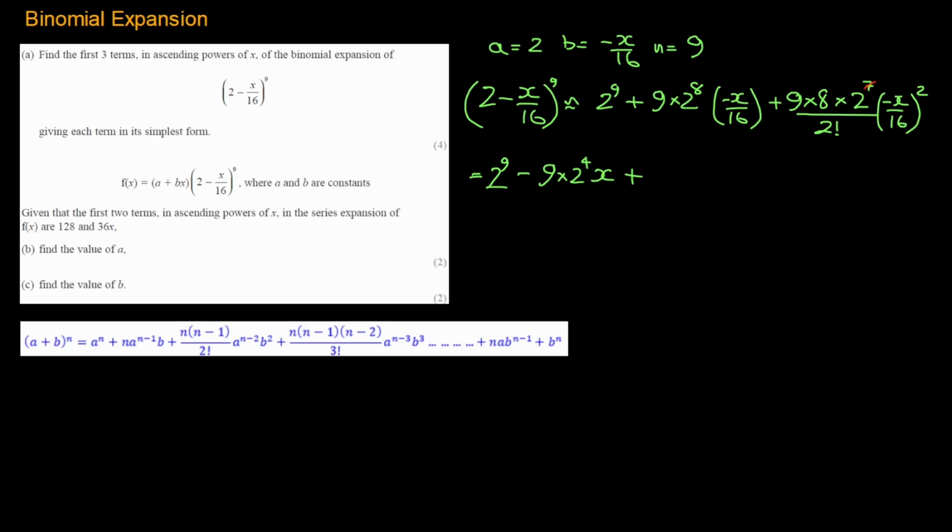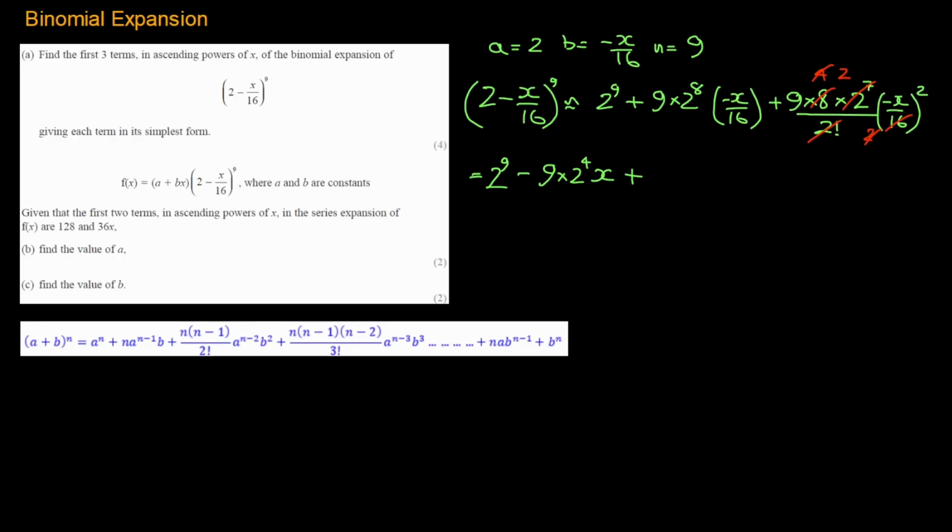If I cancel 2 to the power 7 with the 16, I'm left with just 2 on the bottom. Now again, we can cancel this 4, and that will cancel with that 2. So we've had a 2 carnage here. We've got rid of most of them apart from 1. The 9 I can do nothing about, it cancels with nothing, and this will be x squared.